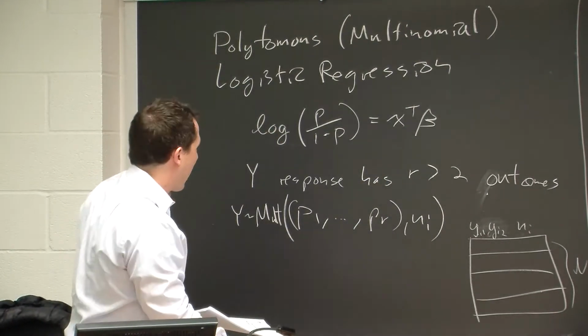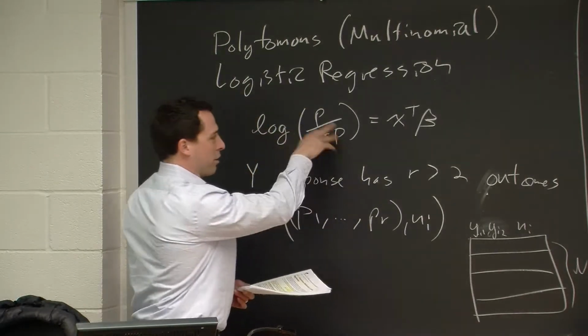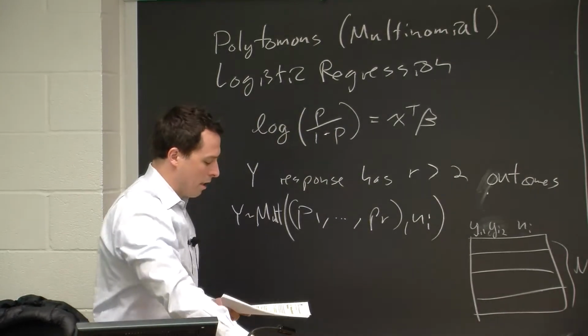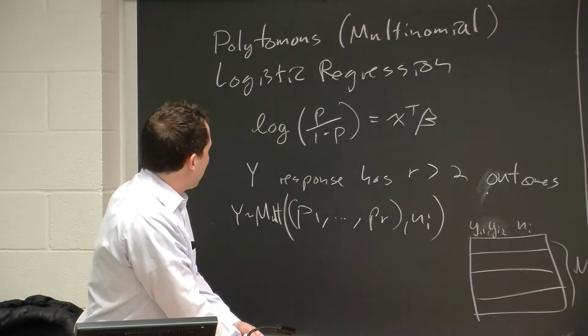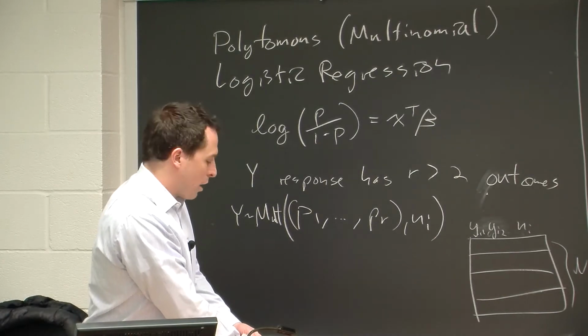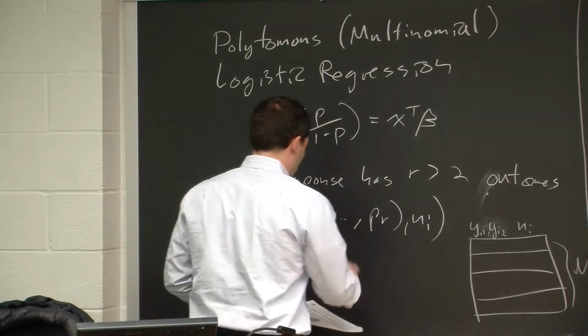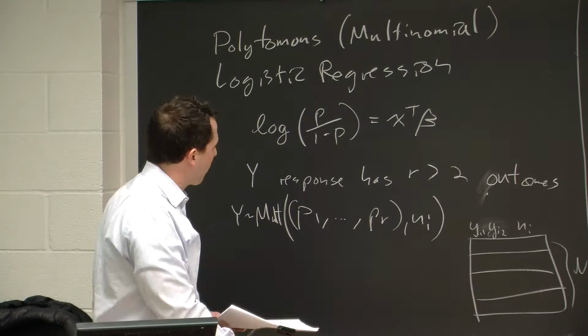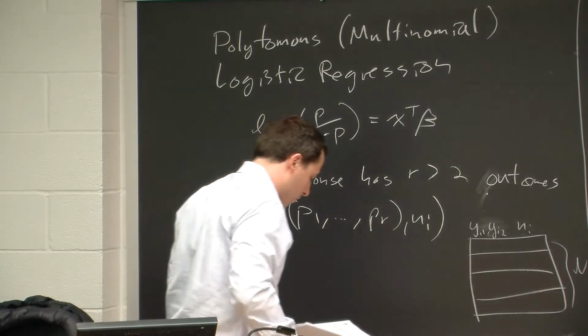And we're going to have different kinds of generalizations of this logit function that in some sense give us a logit for each pair here.